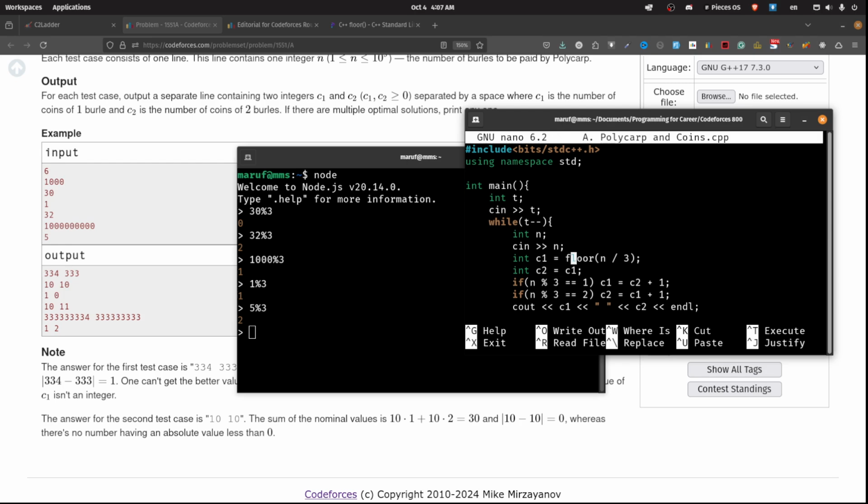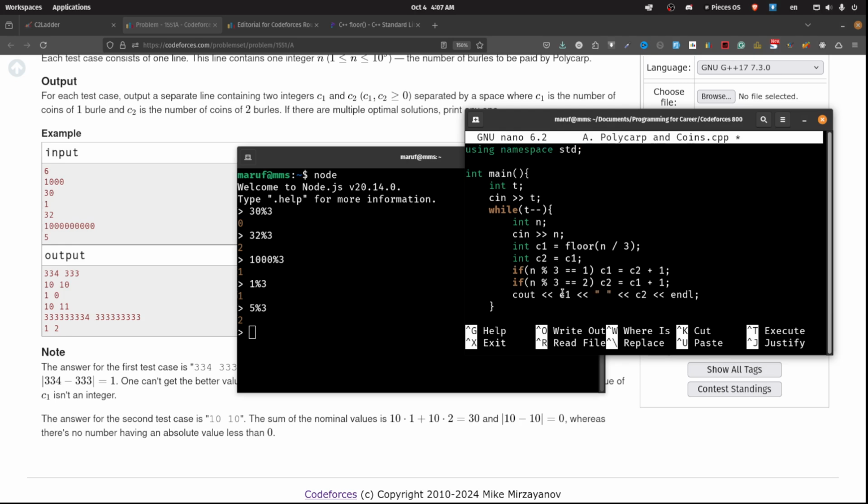So if n modulus 3 equal 0, then c1 will be c2. I think here I have to do nothing, so this condition is useless. Just print the value of c1 and c2, which is here, and those values are already equal.